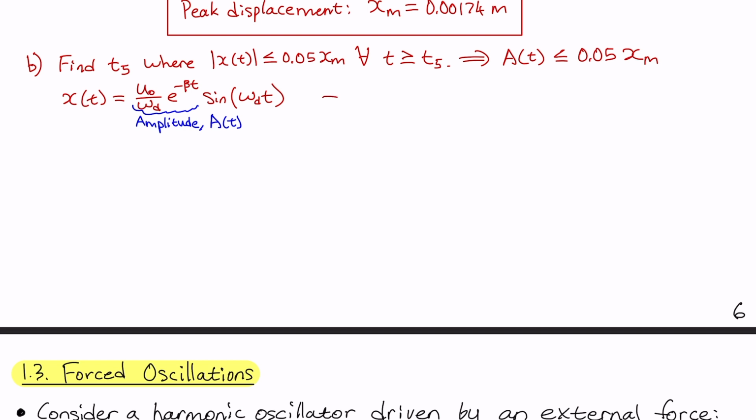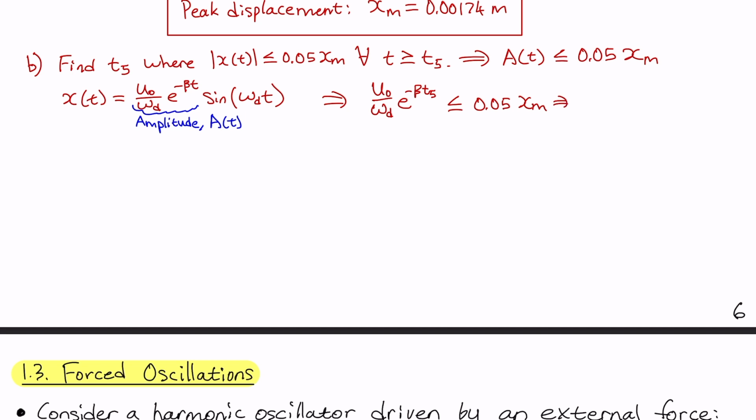What that then means is that we need to find u0 divided by omega d times e to the minus beta, and we'll put a t5 in here. This must be less than or equal to 0.05 xm. And that's what we're going to now solve for. We'll just rewrite that expression down here. We're going to bring over the u0 and the omega d onto the other side.